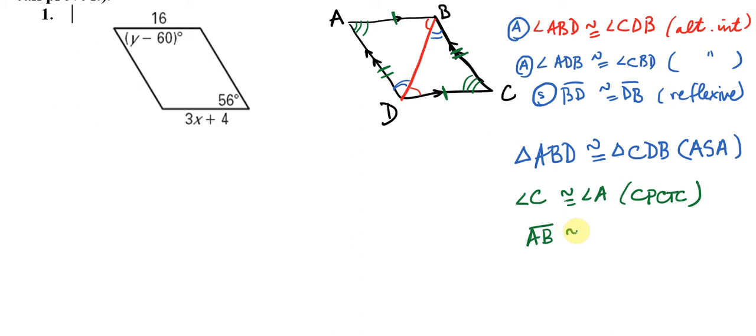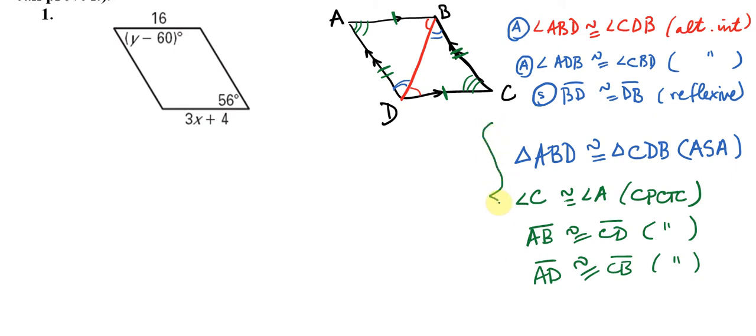AB must be congruent to CD, also by CPCTC, and AD must also be congruent to CB. So altogether, this is a nice, wonderful theorem, and we're going to call this theorem the OSA, the opposite sides and angle theorem. That basically says in a parallelogram, the opposite sides and the opposite angles are congruent to each other.